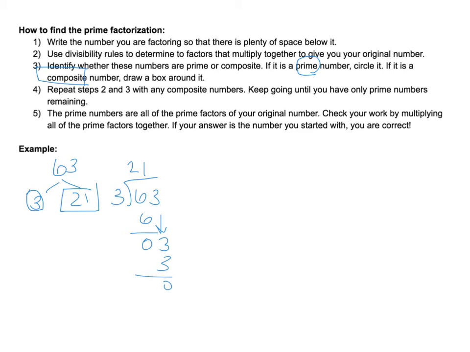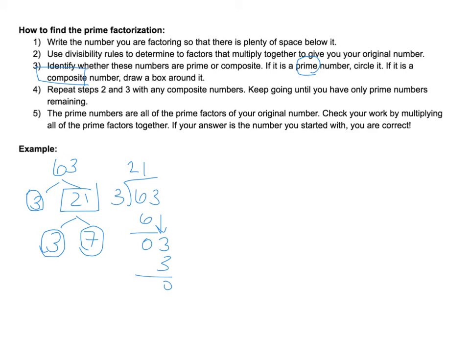So now we're going to go back to steps 2 and 3, and we're going to do the same thing all over again. So what are two numbers that multiply together to give us 21? Well, we know that 3 times 7 gives us 21. So again, 3 is a prime number, so we're going to circle it. 7 is also a prime number, so we'll circle that one as well. So this leaves us with only prime numbers.